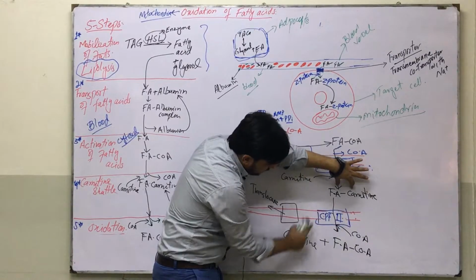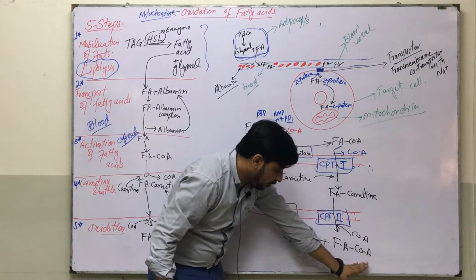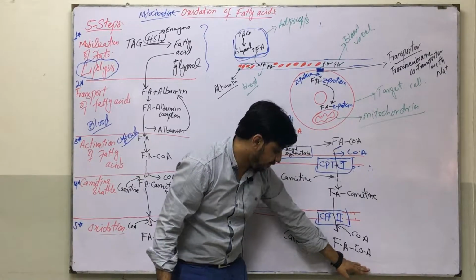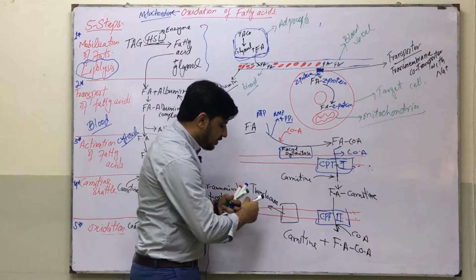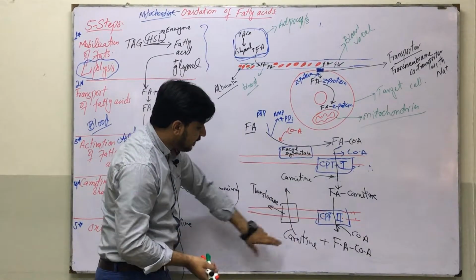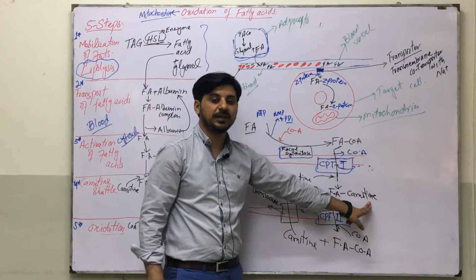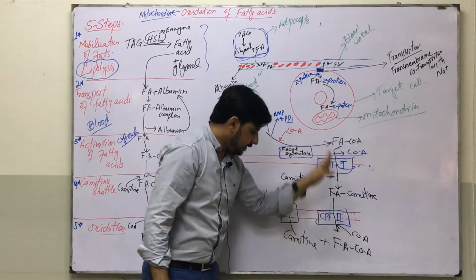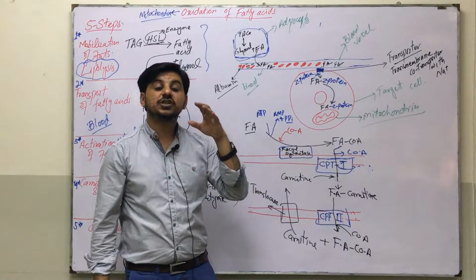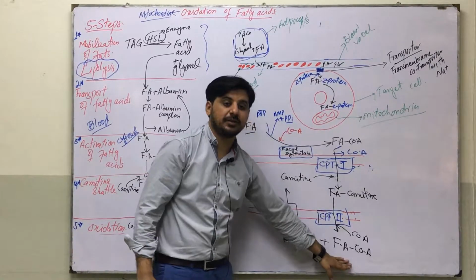And what about this carnitine? This carnitine is shuttled back into the space, and now it is again available to form another fatty acyl carnitine complex. And again the process will repeat, and there will again be the transport of one more fatty acid in its active form into the mitochondrial matrix.